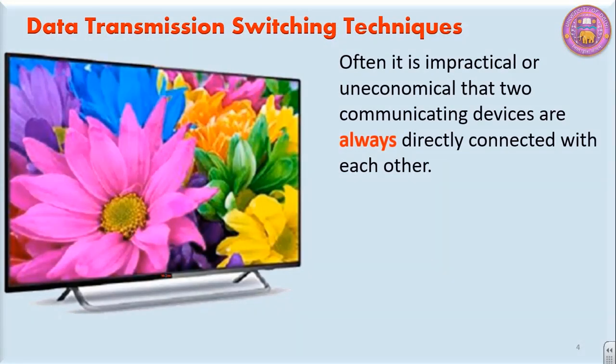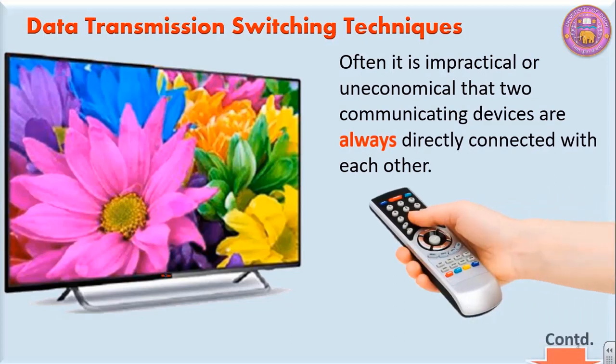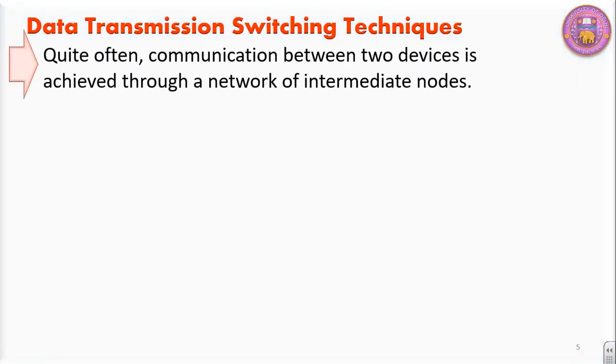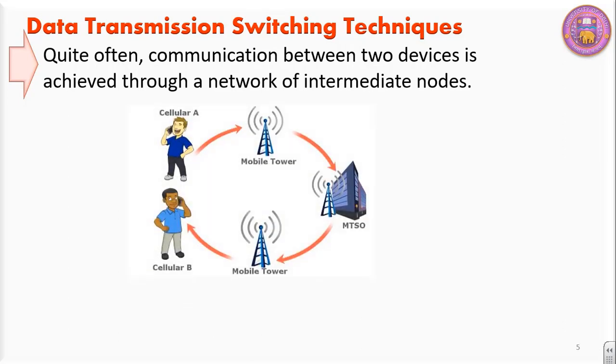Often it is impractical or uneconomical that two communicating devices are always directly connected with each other. For example, TV and remote control. Quite often, communication between two devices is achieved through a network of intermediate nodes.